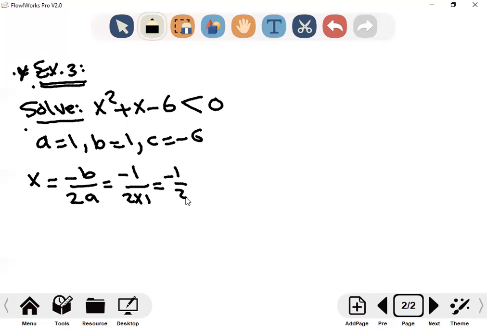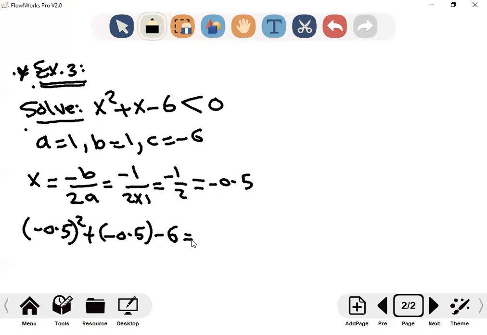The formula has a negative, right? So negative half means negative 0.5. This is x. To find the vertex, you need to put this in the function. When I say the function, I'm talking about this part. Okay? So here's negative 0.5 squared plus negative 0.5 minus 6 equals what?